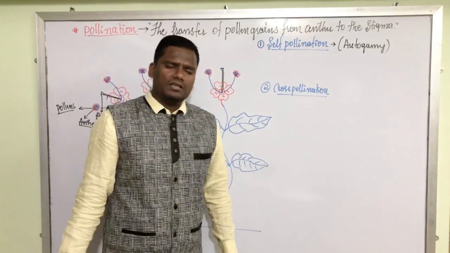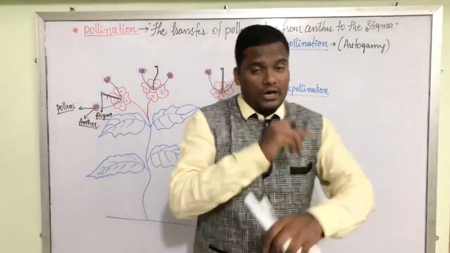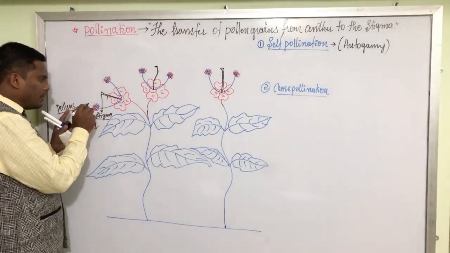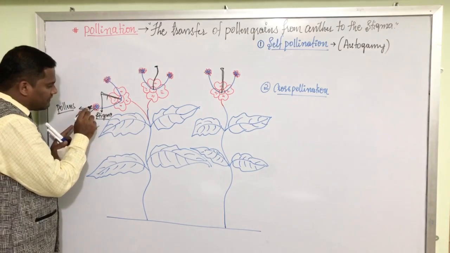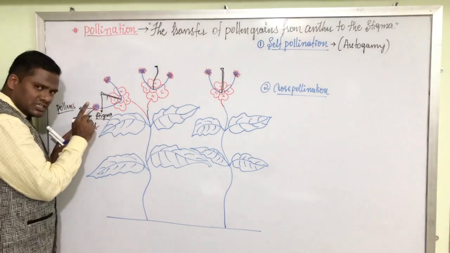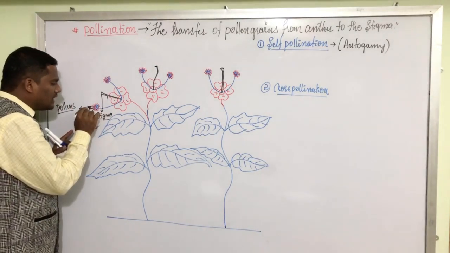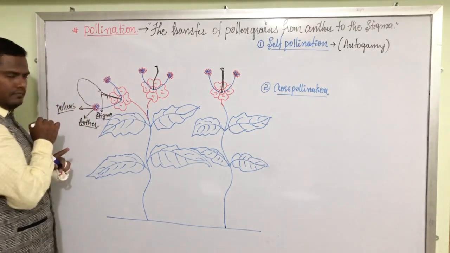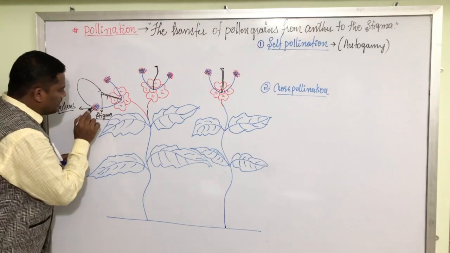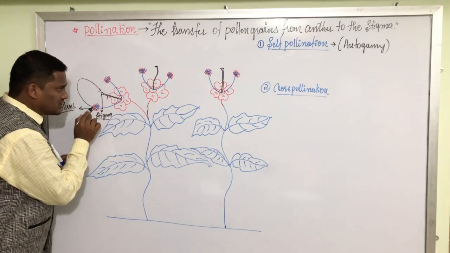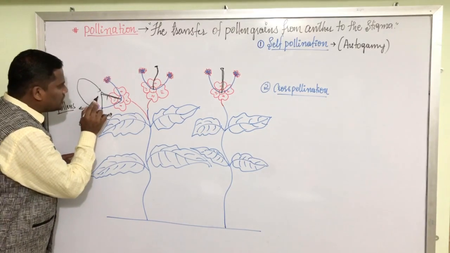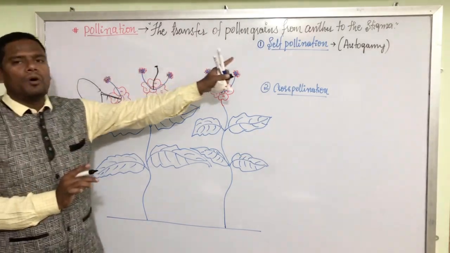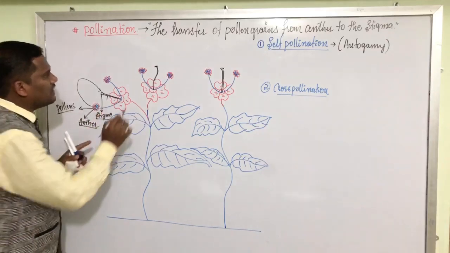Let us understand what is self-pollination or autogamy by using this diagram. If the pollen grains transfer from anther to the stigma of the same flower, this is called self-pollination. What is self-pollination? The transfer of pollen grains from anther to the stigma of the same flower. Let us write the definition of self-pollination.